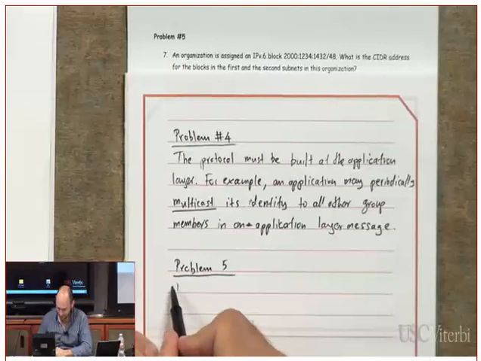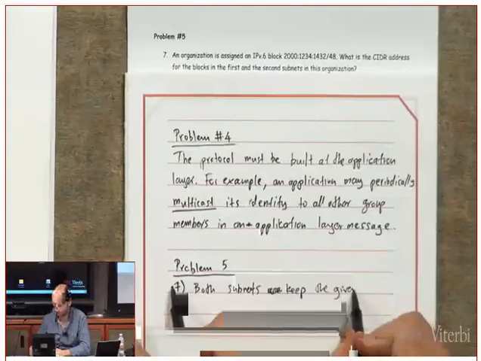I don't remember if he was talking about another addressing mode. Do you remember if it's in the class notes? Yeah, okay.